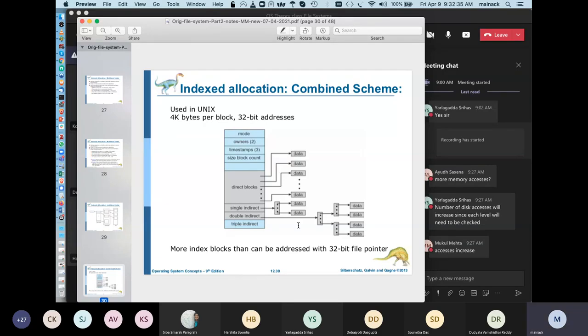Now I am leaving you again with a question. So far, this is a combined practical real-world scheme that is used in Unix. My question is: what is the total max size of a file?